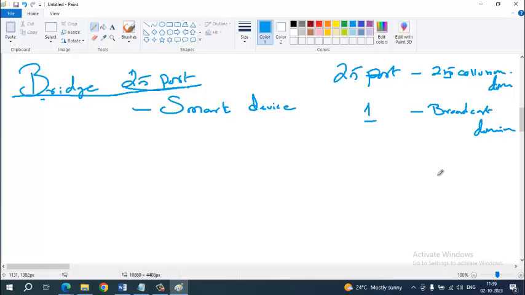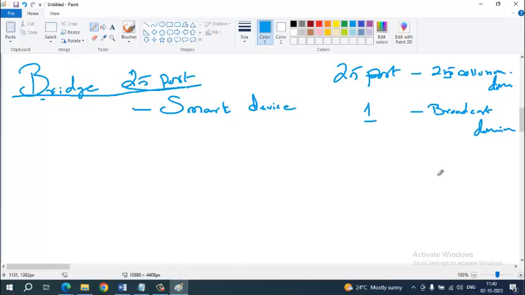If you need to call 25 people, you need to dial 25 numbers, 25 different phone numbers. Here in our case, 25 different IP addresses, something like that. It's going to be too much processor.